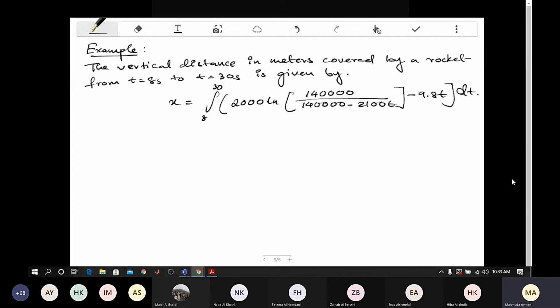So use Romberg's rule to find the distance covered. We'll use Romberg's rule here to find the distance covered.